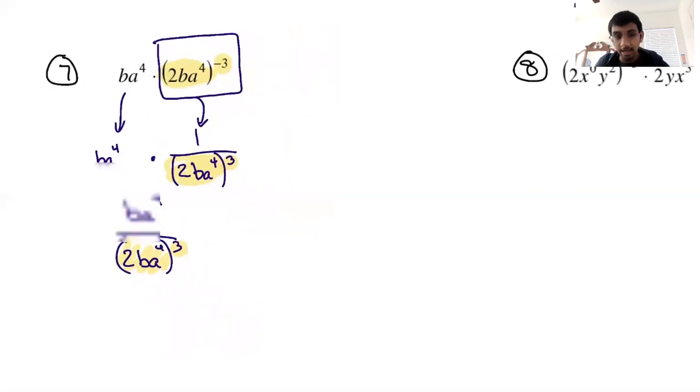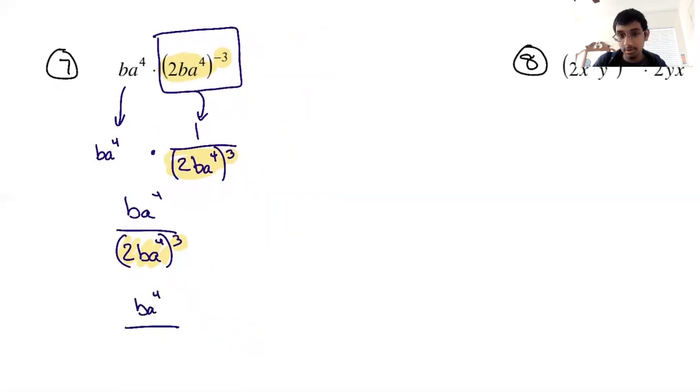So what would that look like? I had ba to the fourth over, so we're going to raise it: 2 to the third, which is 8, b to the third, and a to the fourth times the third, which is a to the 12th.